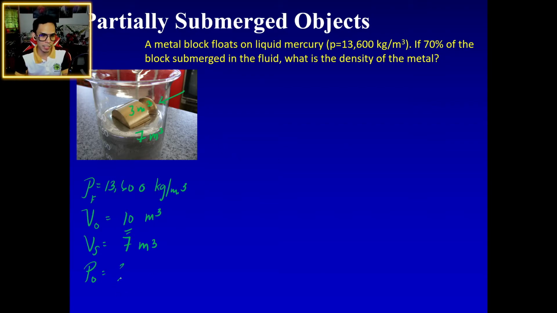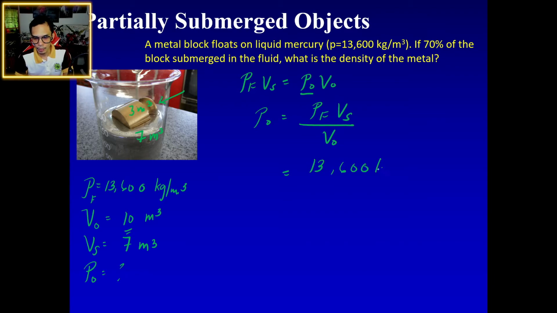Again, we will use this formula: P sub F times V sub S is equal to P sub O times V sub O. Since we are looking for P sub O, we can arrange this formula as P sub F times V sub S over V sub O. Let's substitute everything: 13,600 kilograms per cubic meter times, the volume of the object is 10 cubic meter, over 7 cubic meter, which is the volume that is submerged. Alright, 7 over 10.